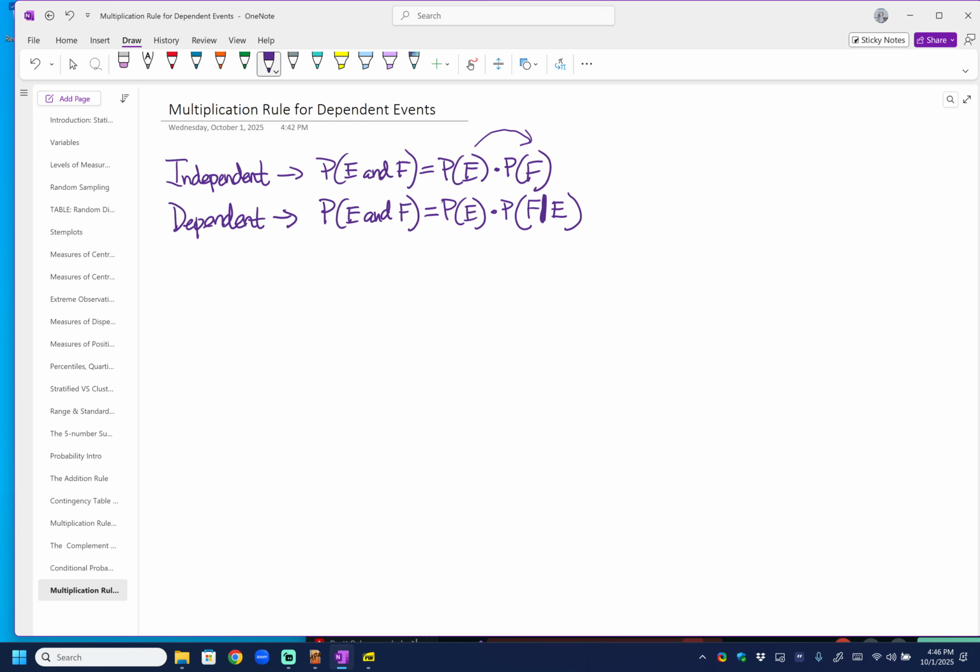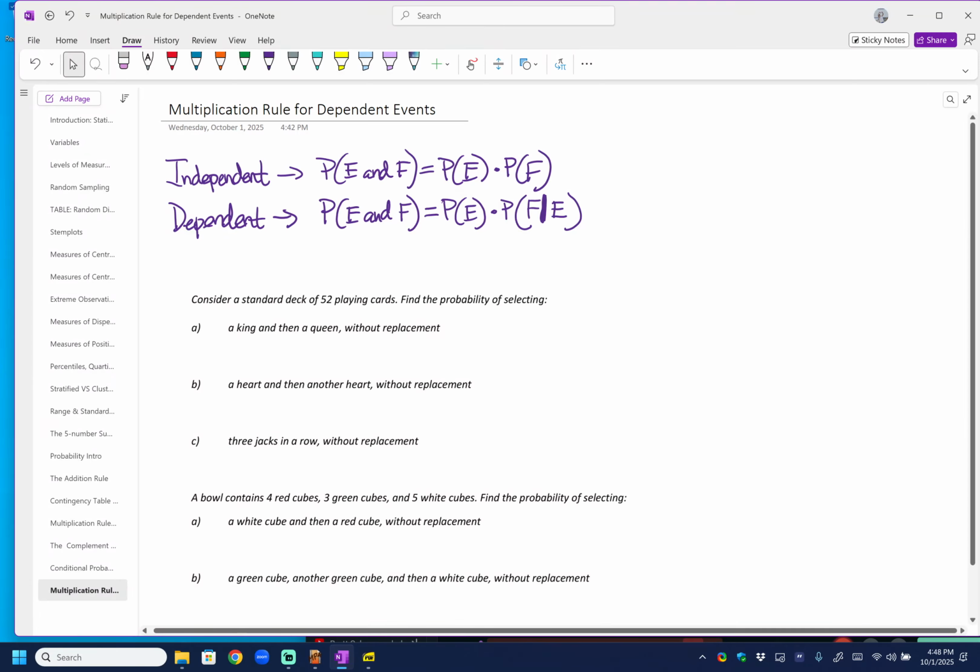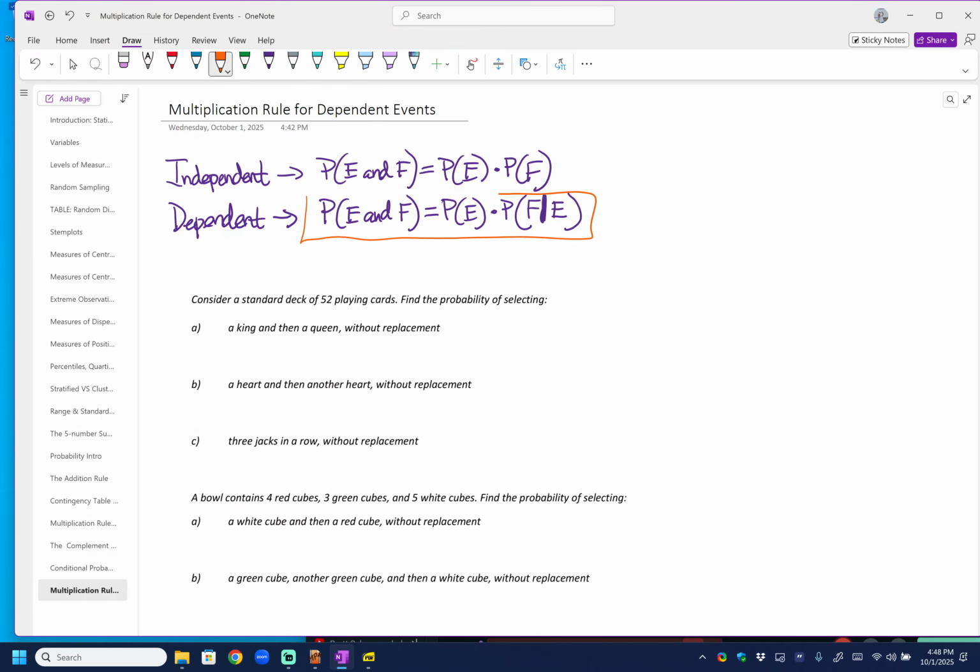The key is that this is telling us that F is going to change somehow based on the fact that E has occurred. Okay, so in summary, we're going to be concentrating on this formula in this lesson, although you're not going to see a whole lot of difference in the way you proceed with things, truthfully, because it's going to be multiplication either way.